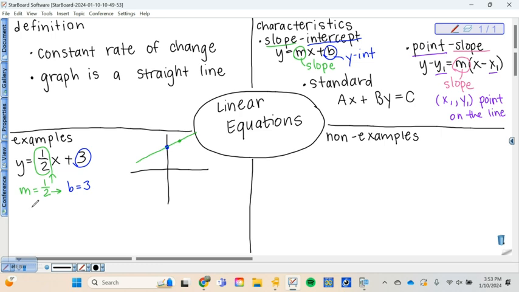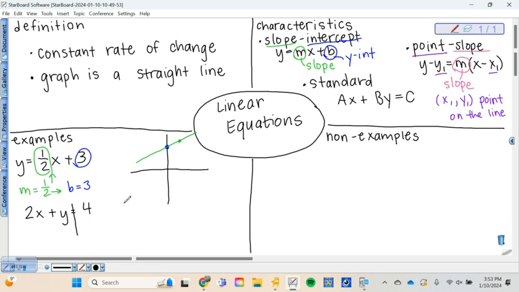And then if I have a standard form equation like this, 2x plus y equals 4, what do we do to graph from standard form? Perfect, yes. So we are going to rewrite this equation in slope-intercept form, and we do that by getting rid of this 2x, that x variable.